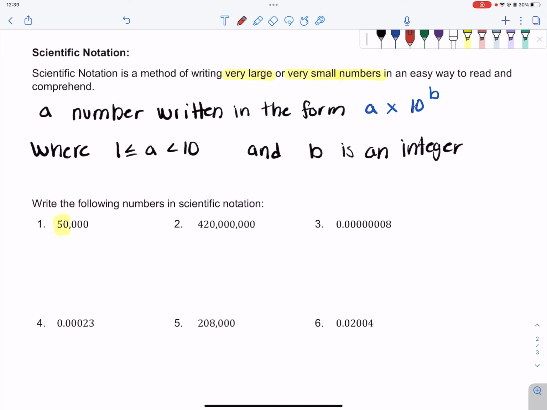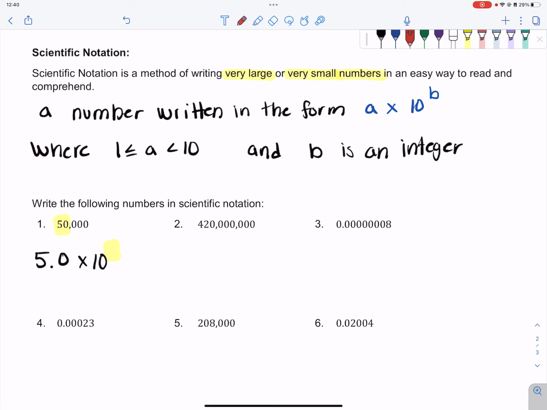So our first non-zero digit on here is the 5. So I want my decimal place to be right after the 5, to have 5.0. But now obviously 5.0 is not the same thing as 50,000. So we need to multiply this by 10, and we need to figure out what that exponent should be.